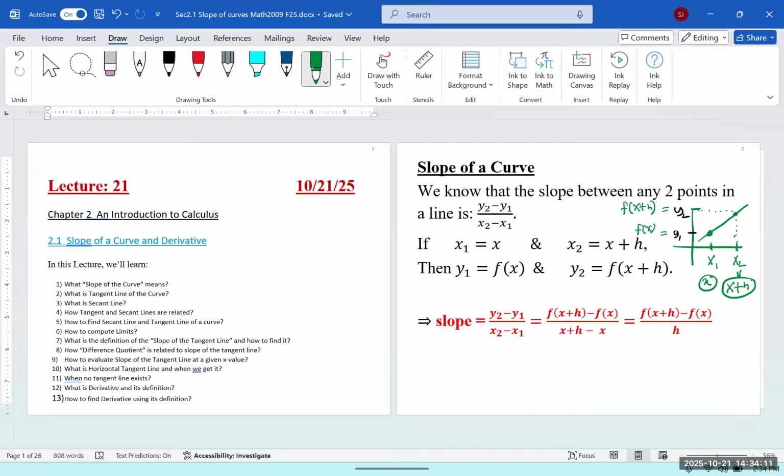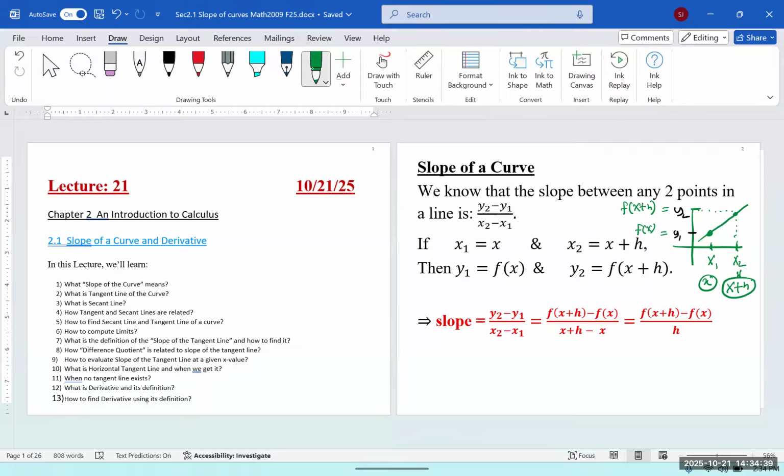It's the same slope, same formula, same everything. They just look different. On the denominator, the positive and negative cancel out, so we have h only. In the numerator, we have f of x plus h minus f of x. On the denominator, we have h. This is the slope of a line that goes through 2 points.